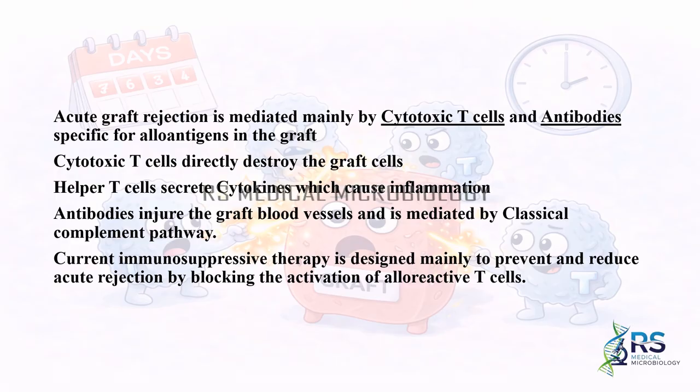Helper T cells, on their part, will secrete cytokines which will cause inflammation in the graft. Antibodies will injure the graft blood vessels, which is mediated by the classical complement pathway. Current immunosuppressive therapy is designed mainly to prevent and reduce acute rejection by blocking the activation of these reactive T cells.